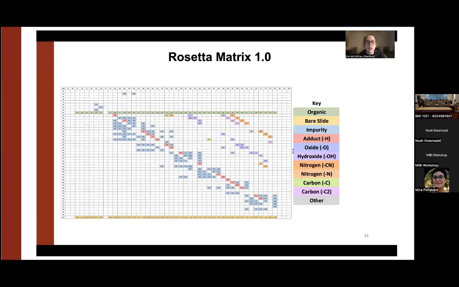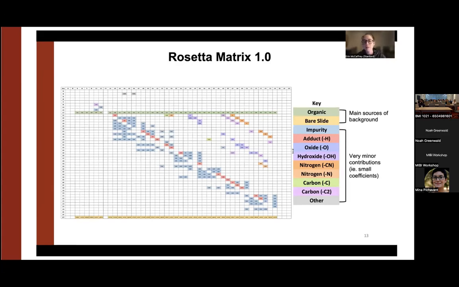But here I'll show you an example of our Rosetta Matrix 1.0, where all of the various sources of contaminating signal are along the rows, and the different mass channels that might be included in your particular antibody panel are shown along the columns. Now, at first glance, this matrix might make it seem that there's a significant amount of contaminating signal that occurs in our data.